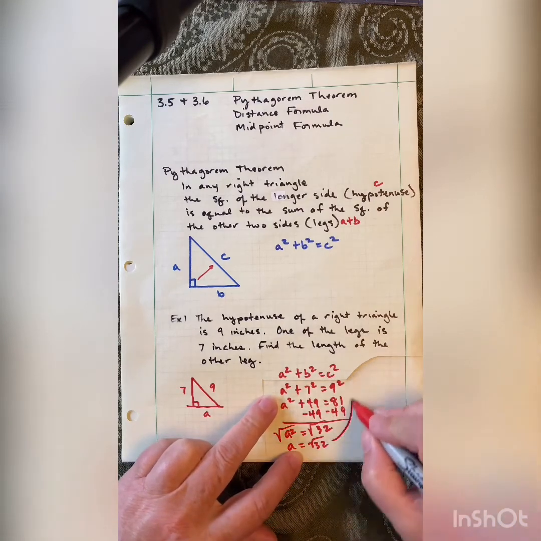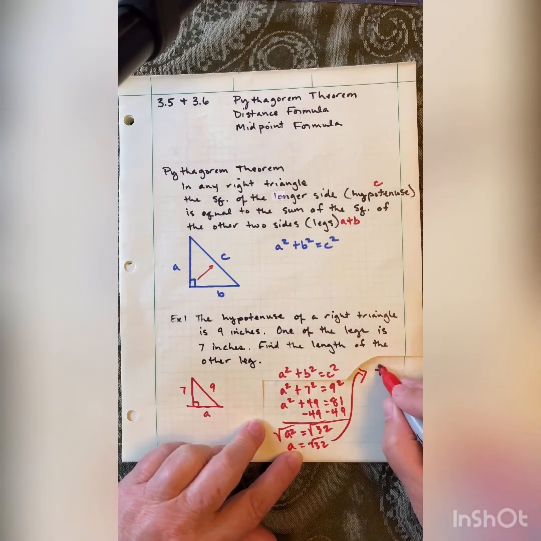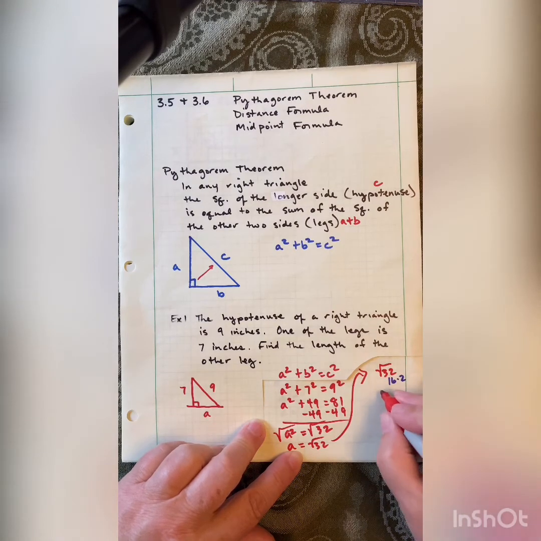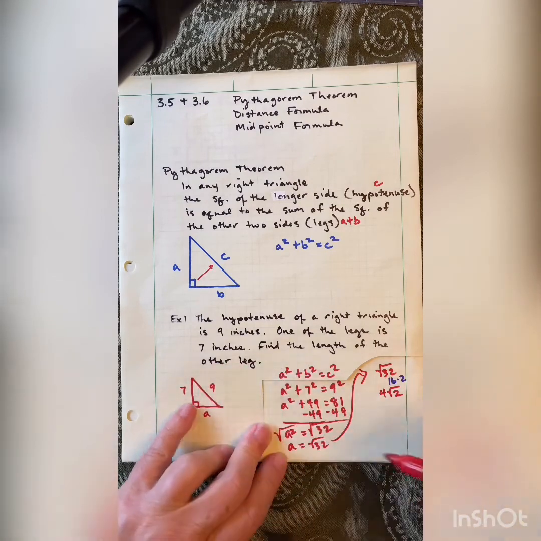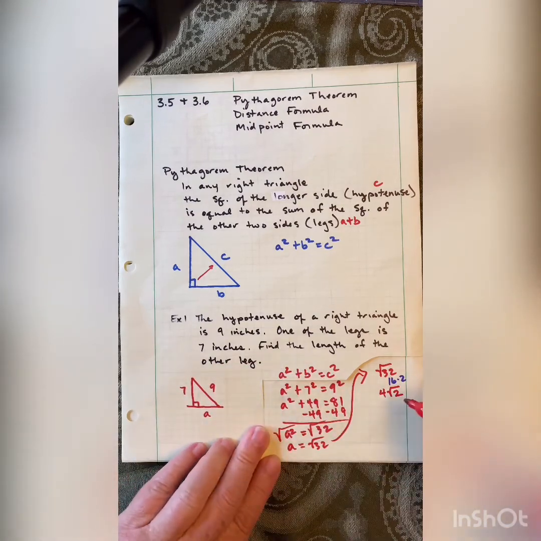So if I take that square root of 32 and rewrite it, that is really a 16 times 2. The square root of 16 is going to give me a 4. The square root of 2, there's nothing I can do with it. So in simplified form, that would be our answer. This would be 4 square root of 2.